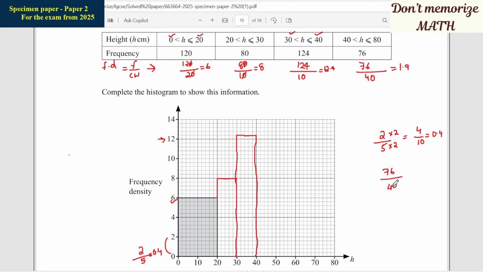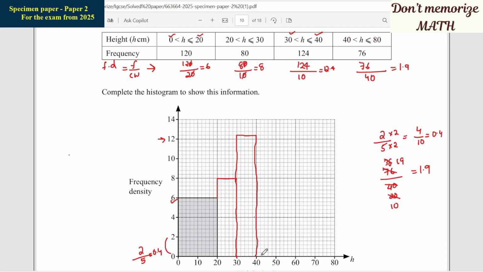Both the numbers are divisible by 2, or directly you can take 4. When you divide this by 2 you will get 20, and when you divide 76 by 2 you will get 38. Okay, again both numbers are divisible by 2. So here you will get 10, here you will get 19. So 19 over 10 is 1.9.